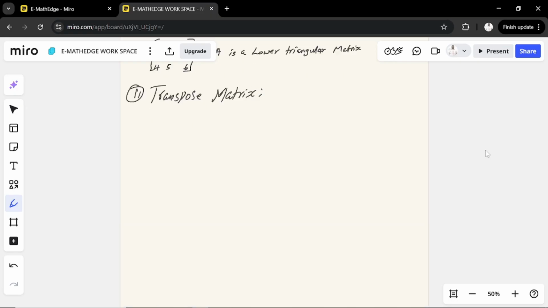Now, what is a transpose matrix? Transpose matrix is obtained by flipping the matrix over its diagonal.